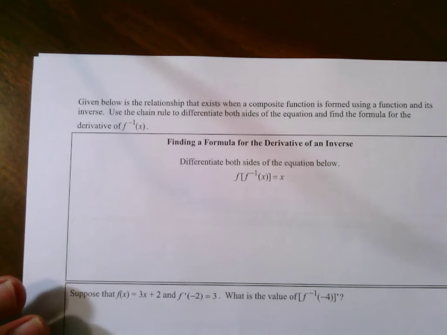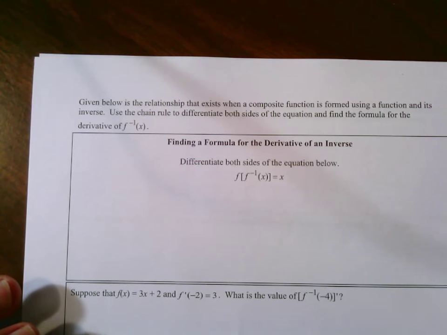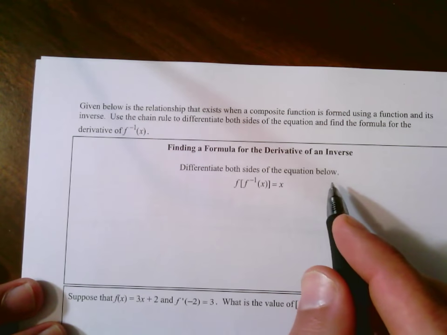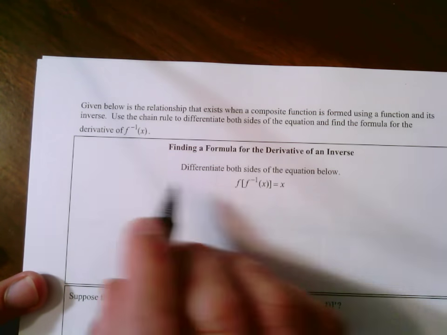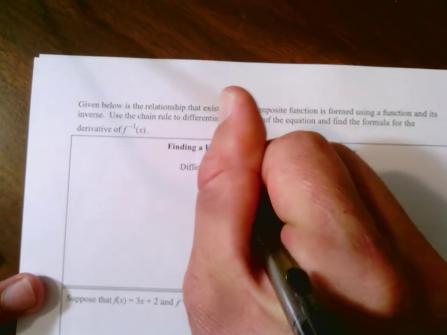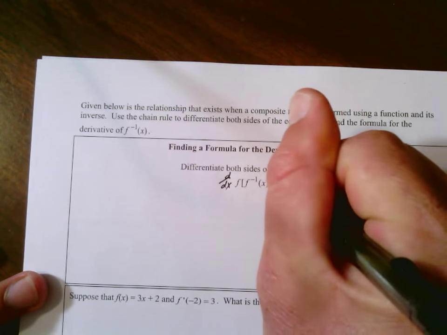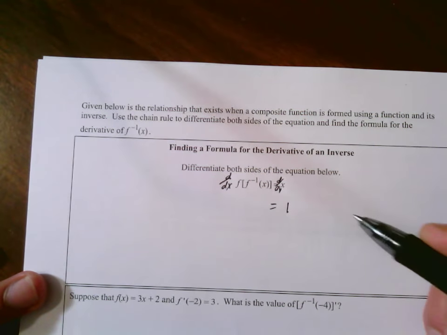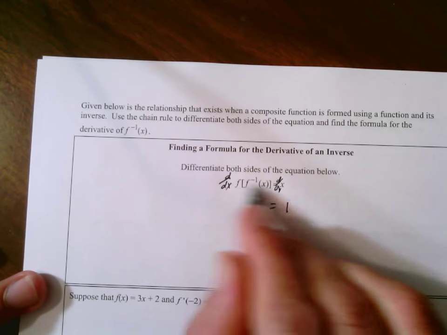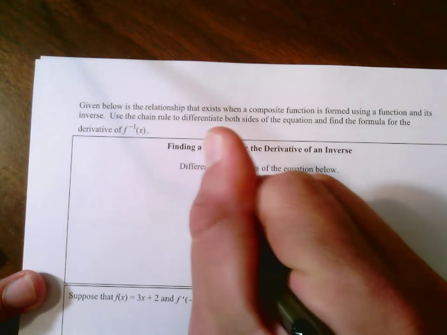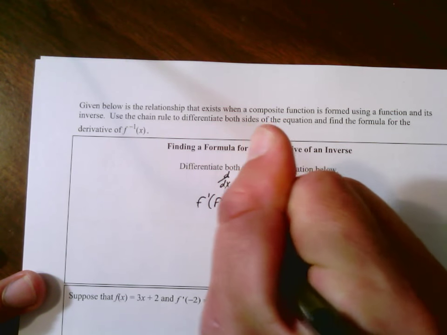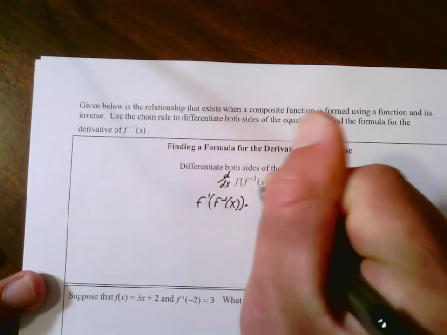Alright, so let's figure out how to find the derivative of an inverse function. Okay? So, if we differentiate both sides of the equation, this comes straight from the chain rule. The derivative of x is 1. The derivative of this function will be f prime of everything in here in the middle times the derivative of the inverse.